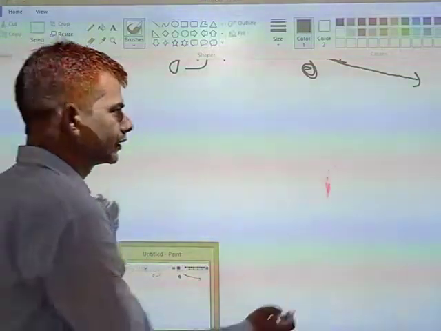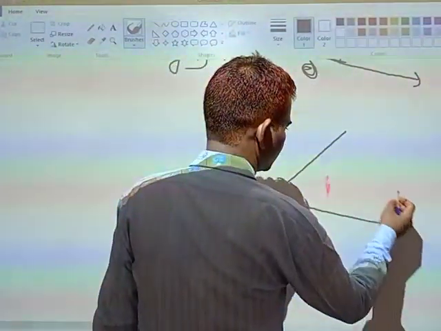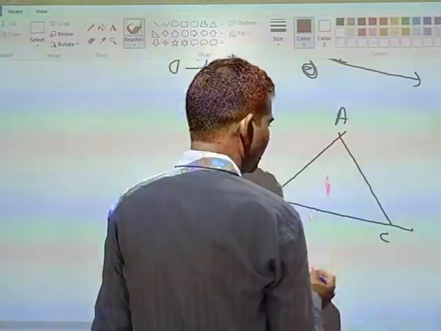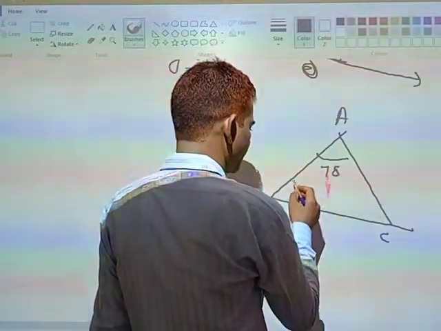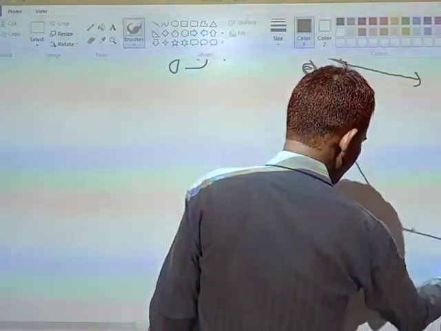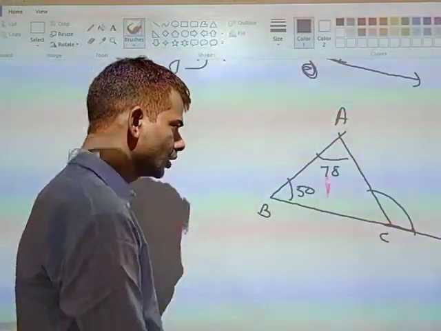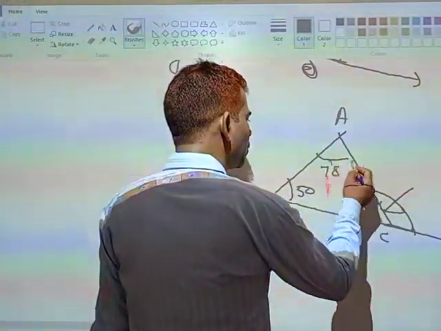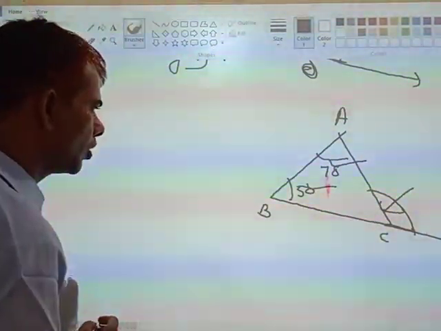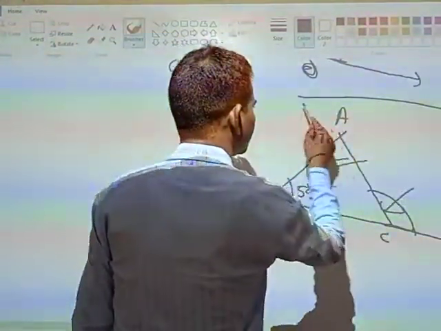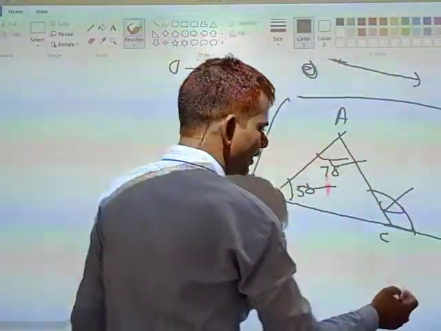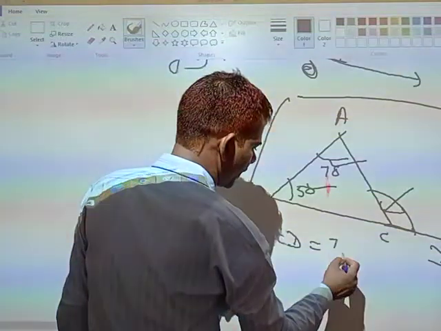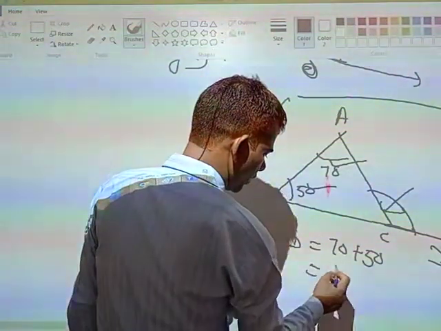I want to tell you that this is your triangle. ABC is a triangle in which this is your 70 degrees, this is your 50 degrees, and what will be this angle? Students, this angle will be equal to the sum of the two interior opposite angles. So angle ACD is equal to 70 plus 50, which is 120 degrees.